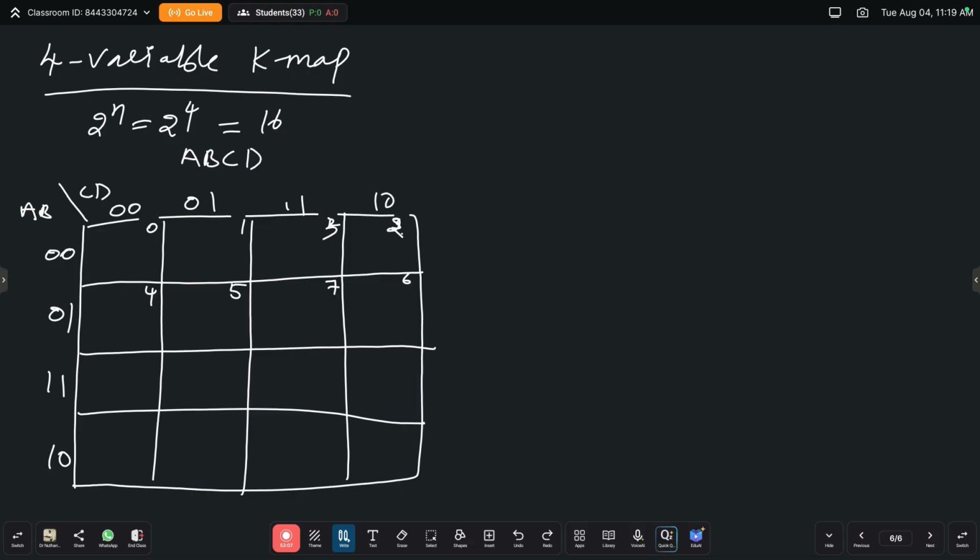What comes here, tell me? Right, very good. 8 9. As per your numbering you will get this. Clear? So this is the 4 variable K-map representation.